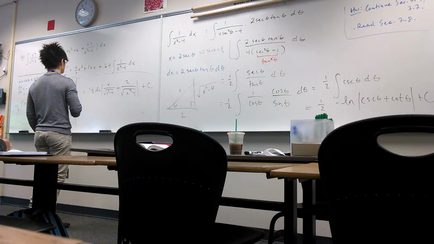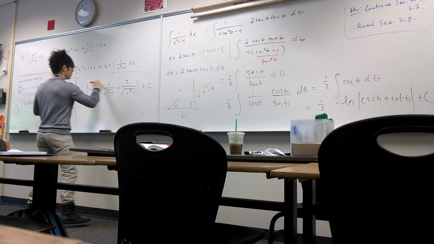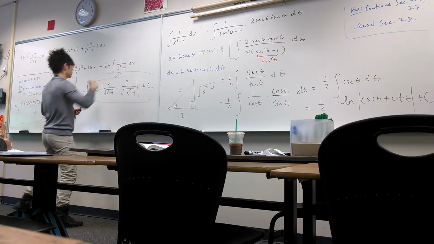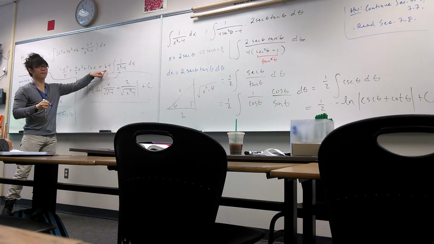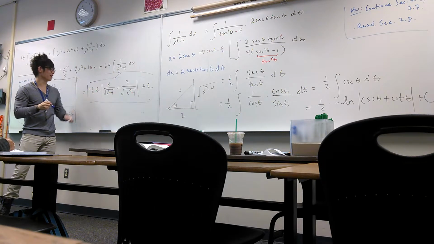And then we want to fill this in there. And so negative 1/2 times 64 is a negative 32.